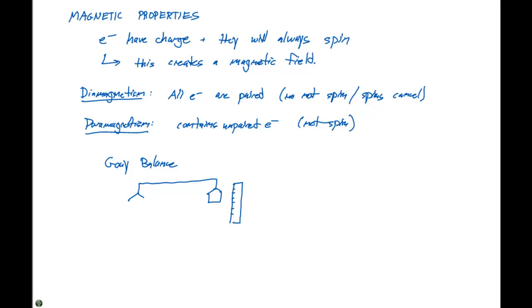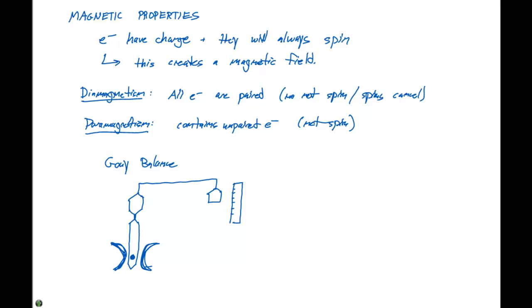And on the other end of this balance, we connect a sample or a chamber that houses a sample, whether it be our atom or our compound or whatever we're looking at, and then we induce a magnetic field.